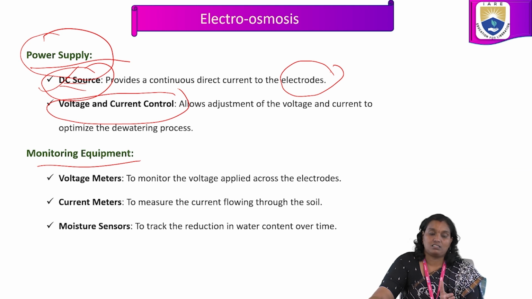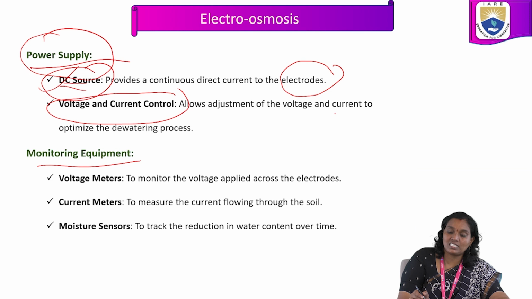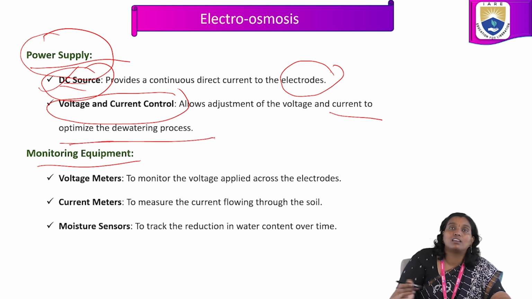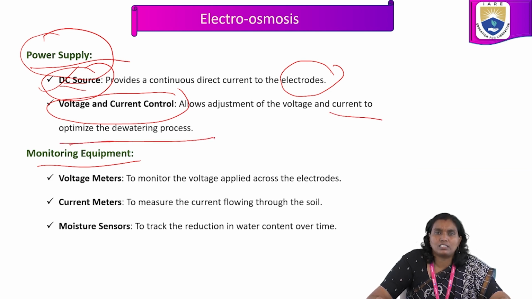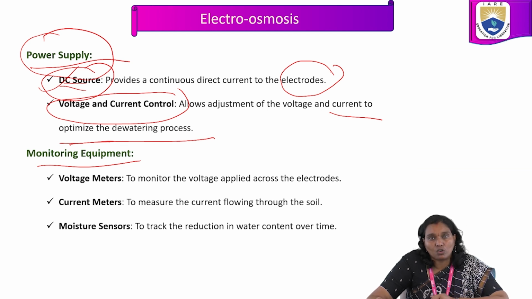It allows adjustments of the voltage and current to optimize the dewatering process. Control of the voltage is an important part of the power supply, one of the important components of the whole electroosmosis process.